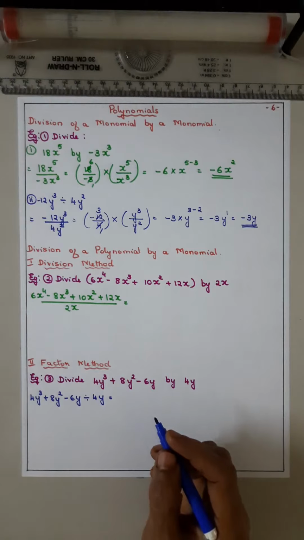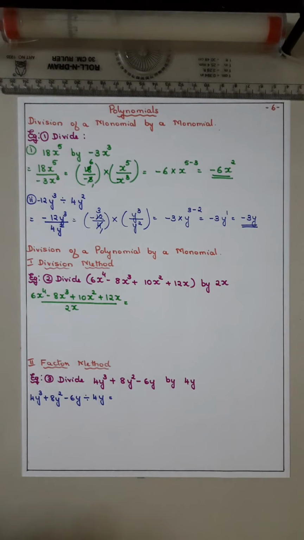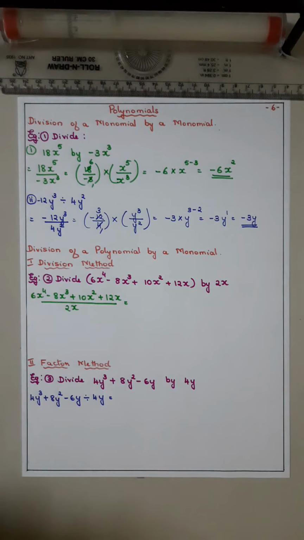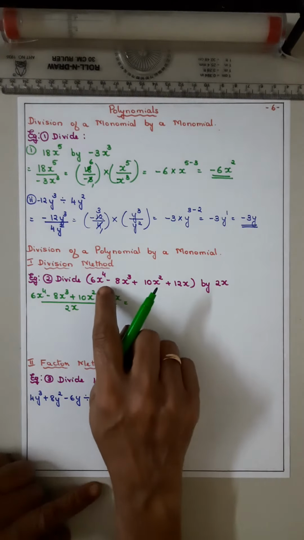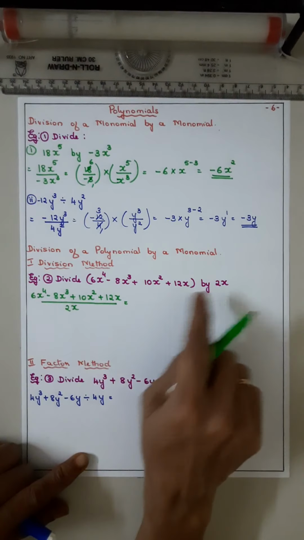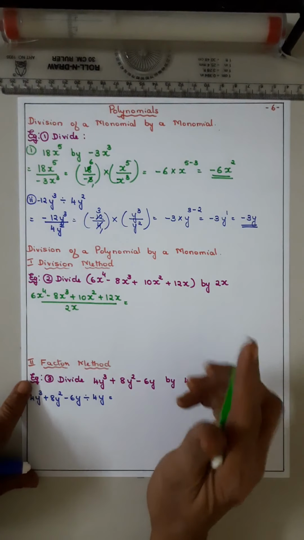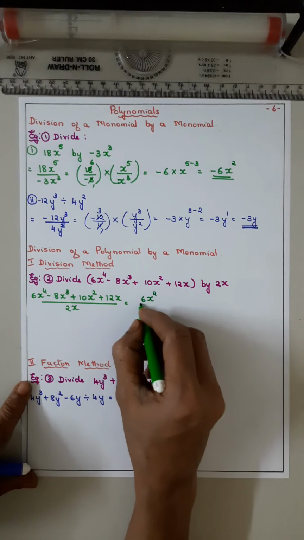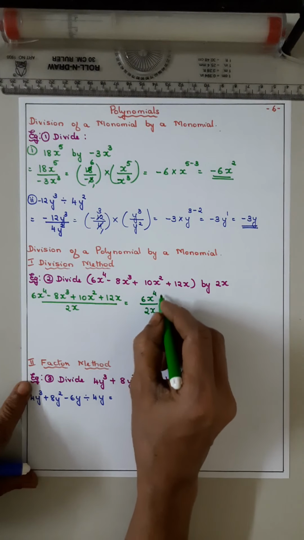Now the second type is division of a polynomial by a monomial. This was a monomial by a monomial. Now we are dividing a polynomial by a monomial. So first is the division method. Write the question and divide. Next step is 6x to the power 4 upon 2x.